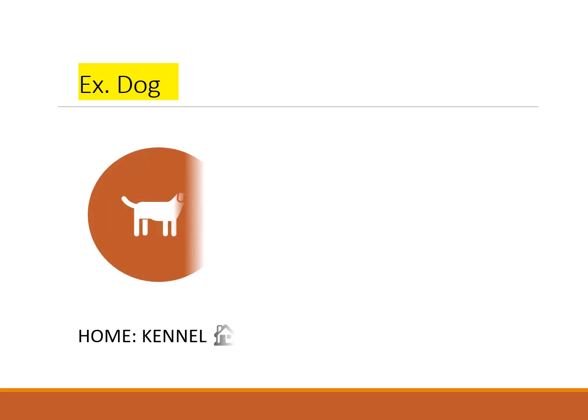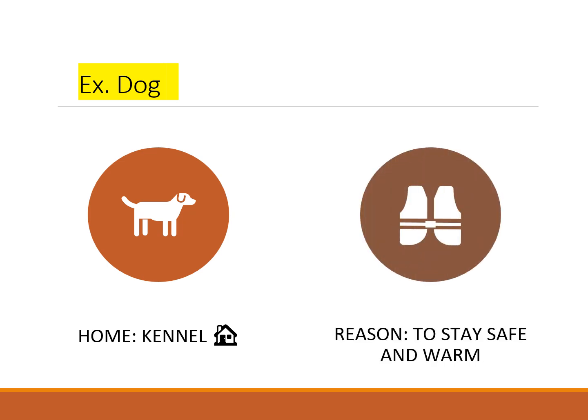Example, here is a dog. So they stick the dog's home, kennel. After that, the reason they will stick is to stay safe and warm. So the reason also they will tell, and they will display the chart.